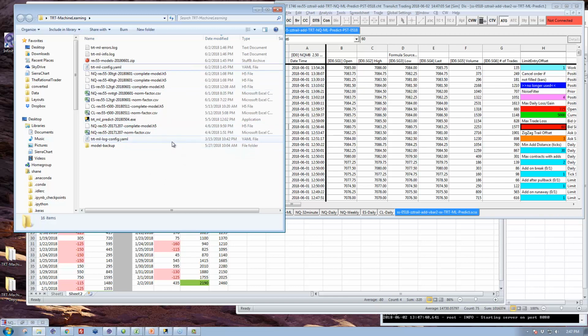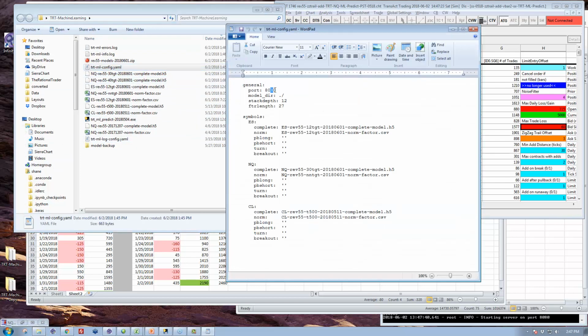I'll be doing it next week, actually. I'll be running the live one with the 30 tick and the sim with the 40. What you're doing is you duplicate this folder, and then you change the port to something else. Usually 8090 is what I use, 8080, 8090.